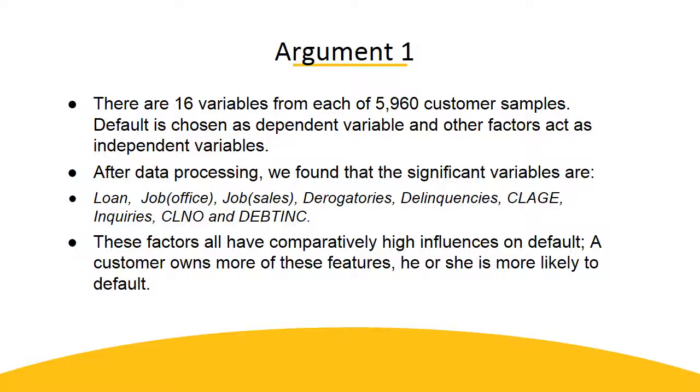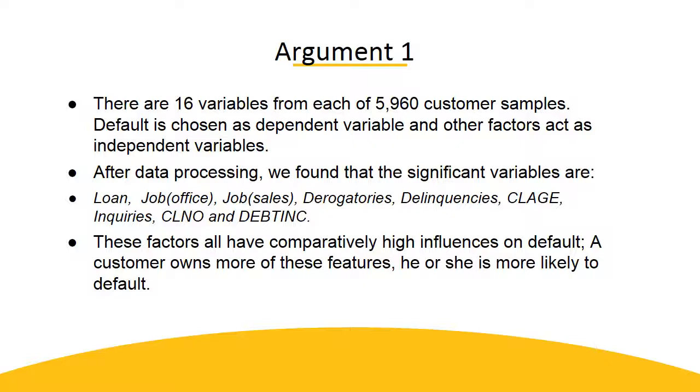And after data processing, we found that the significant variables are loan, job of office, job of sales, derogatories, delinquencies, credit line age, inquiries, credit line NO, and debt INC. These factors all have comparatively high influences on default. If a customer owns one or more of these features, he or she is more likely to default.